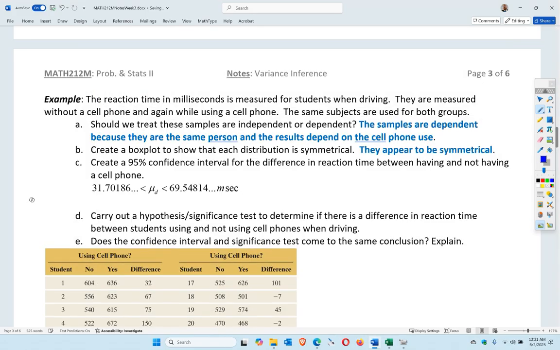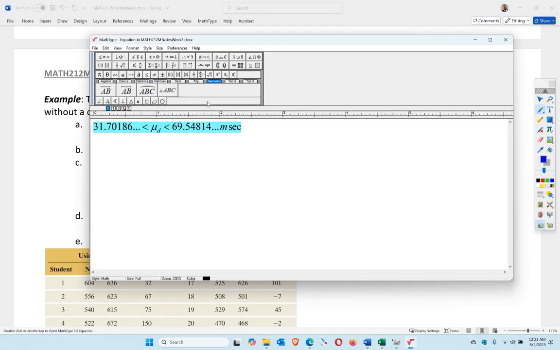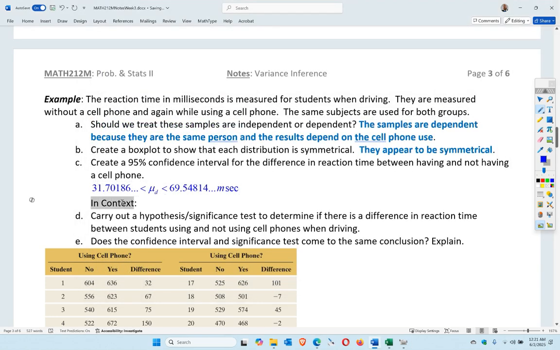So basically we can say in context, let's make this blue. Format color blue. So we are 95% confident the true difference in reaction time is in the interval.